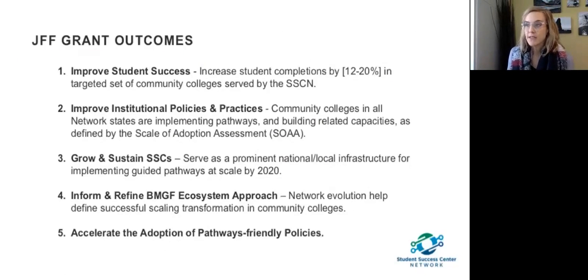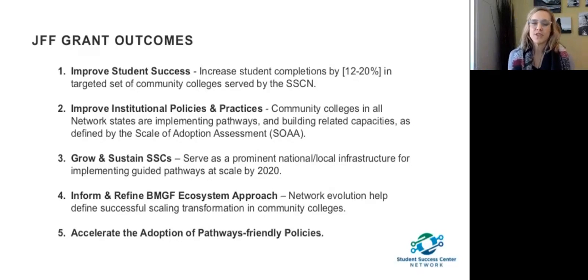So improve student success, institutional policies and practices, grow and sustain student success centers, inform the Gates Foundation about their own strategy, and then the 5th is accelerating adoption of policy. So I'm going to say a few words because some of the language is pretty straightforward, but there's a lot underneath each of these.